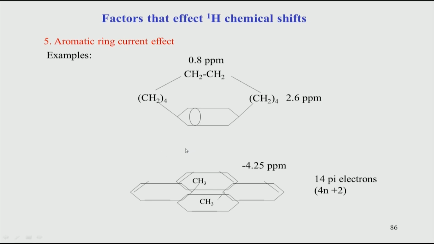In biomolecules, proteins have aromatic amino acids such as tyrosine, phenylalanine, histidine, tryptophan, and so on. Whenever you have these aromatic rings, any hydrogen atom which comes close to the ring gets highly influenced by this ring current effect, and ring current affected chemical shifts are very important in determining the structures of lots of molecules. We will look at that aspect at a later time.